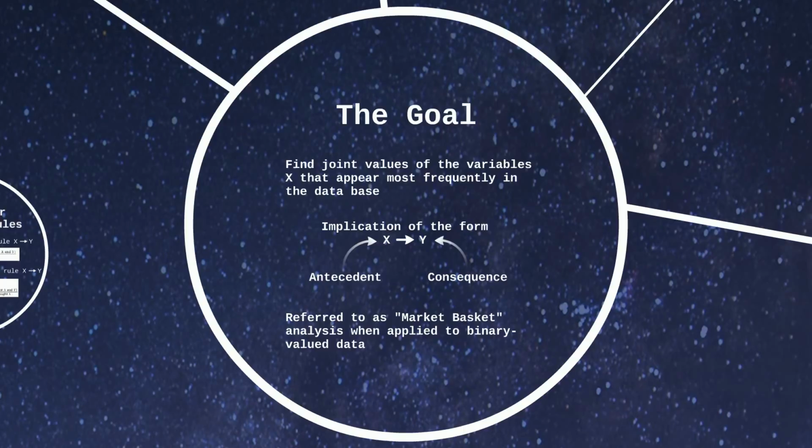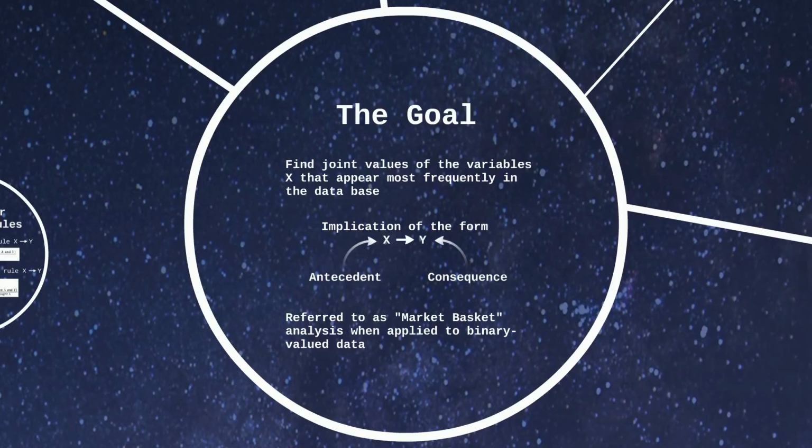So we're going to use market basket analysis as our example of association rules throughout this video. Association rules are almost always used in market basket analysis. This is the primary application of these rules, and it's a big one, so it's important to cover.